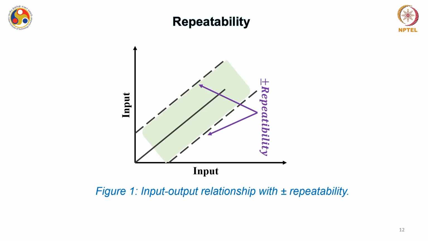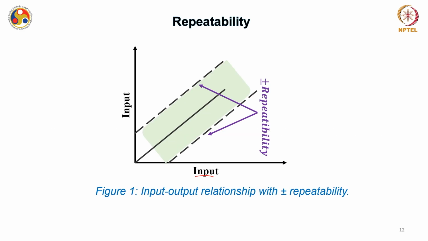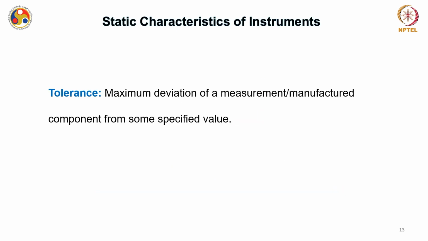So, this is one example of transfer characteristic of an instrument when you apply the input for a short period of time, with all these conditions same, like same measurement condition, same instrument, same observer, the same location and same conditions or at least similar conditions, and then we check whether the results are repeatable or not. So, this is a typical graph showing the plus minus repeatability of an instrument.